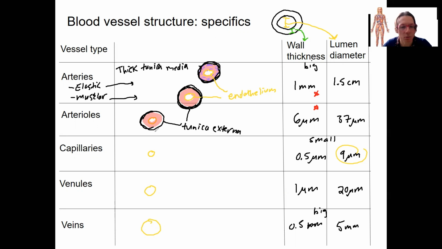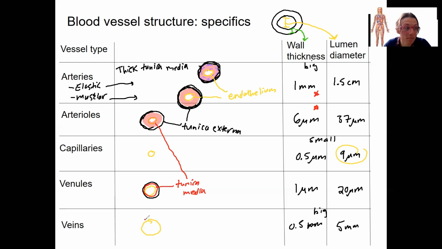Venules. Basically, we have a thin tunica externa, starting down here, and a thin tunica media. Those should all be touching in reality, right? I'm going to label this one tunica media as well because it looks like a different color. It's red in both cases. The red looks darker here.